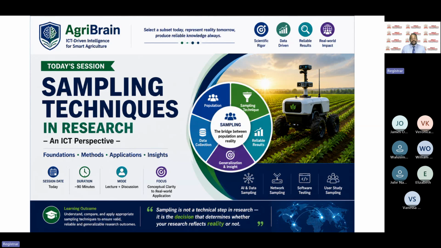That is the core part. So the success of a research is the scientific way of collecting data, and there are different methods. So today, we are going to see sampling techniques in research.